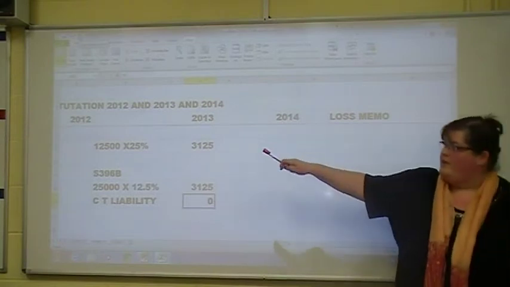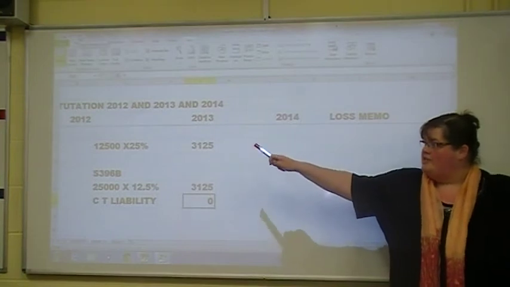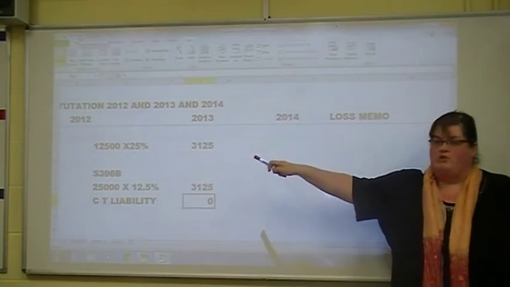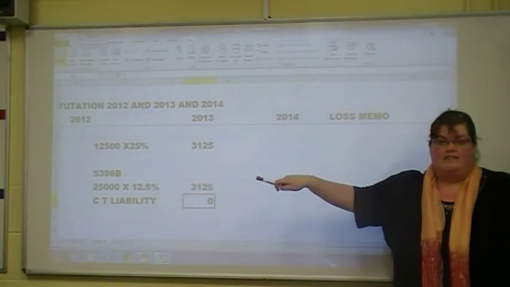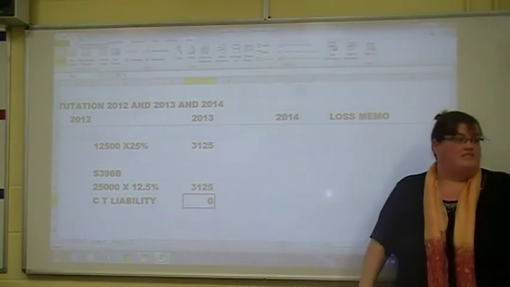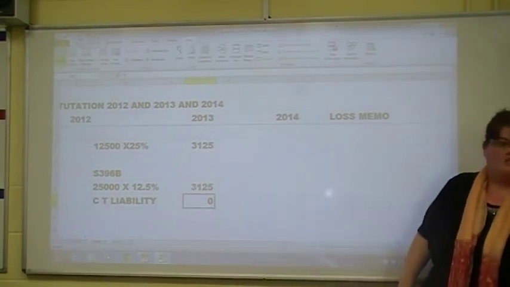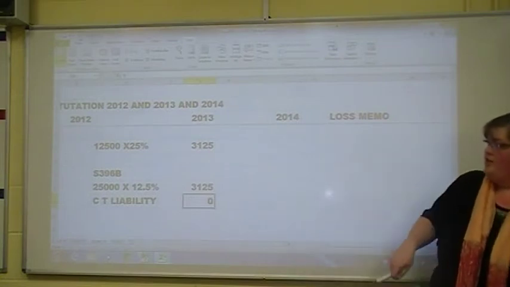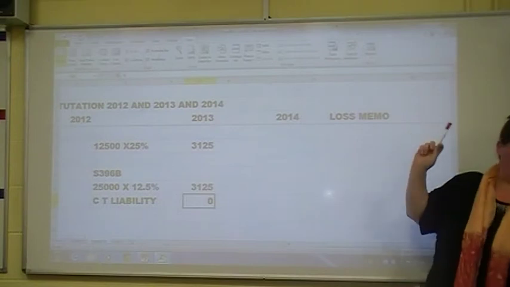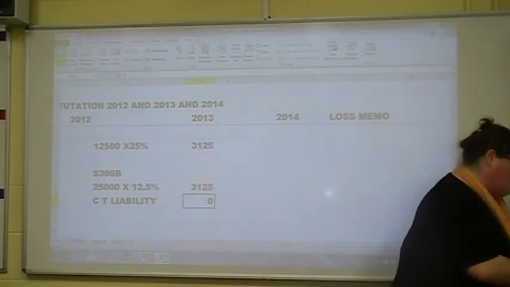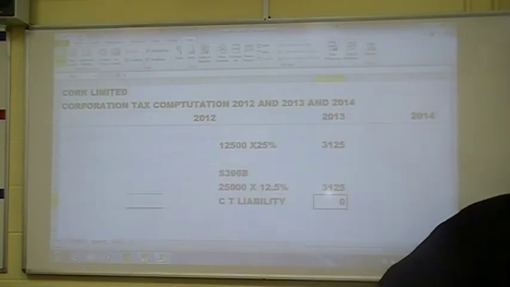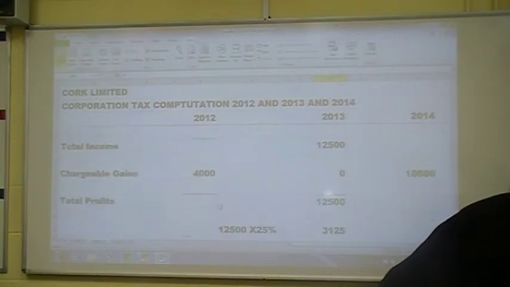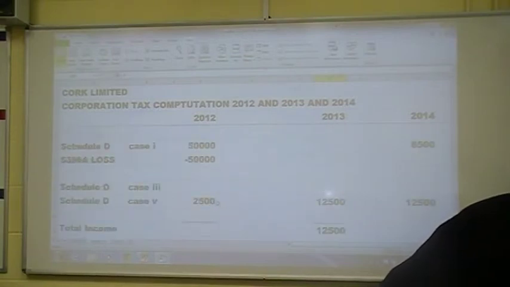As you see it's 12,500. The case 5 was 25%. So you're obviously going to need double that to actually get rid of it at 12.5%. Just another way of looking at it. Okay, so that's our current year. So we have 25,000 euro worth of loss left now. So we can go back to our prior year and calculate our tax liability as normal.